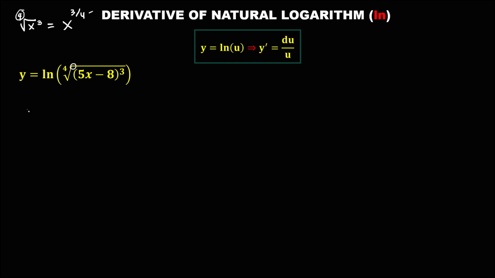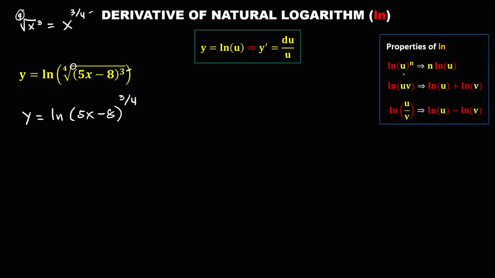So for this given, y equals ln, and this becomes 5x minus 8 to the power 3 over 4. Then using now the power property of logarithm, we can put this exponent before ln. So this becomes y equals 3 over 4, then ln of 5x minus 8.